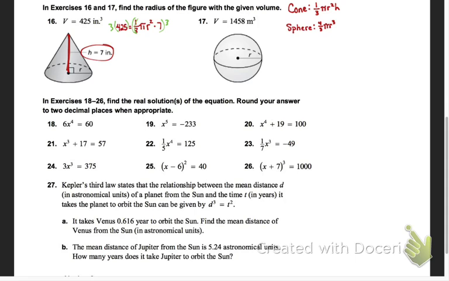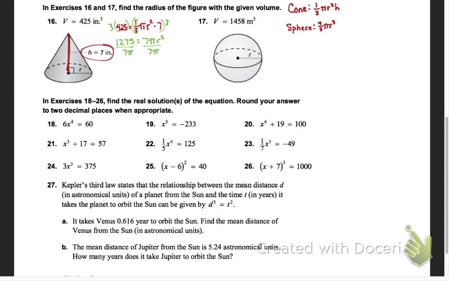That way, the least amount of things possible for me to mess up would have the 7 pi r squared. And to be perfectly honest with you, you could divide all of it by 7 pi if you want, because I don't think that 1,275 is going to be divisible by 7.